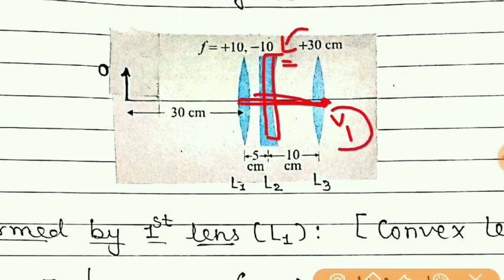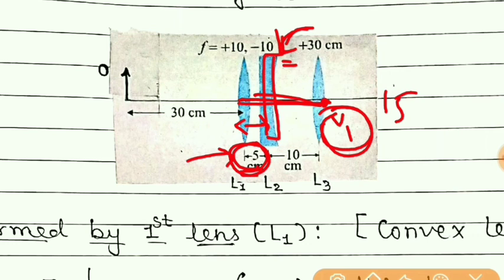V1 is obtained 15, so 15 minus 5, because the distance between the first and the second lens is 5 centimeter, and now we are going to consider the second lens, so from the second lens that distance will be V1, which is 15, minus this 5, is equal to 10.